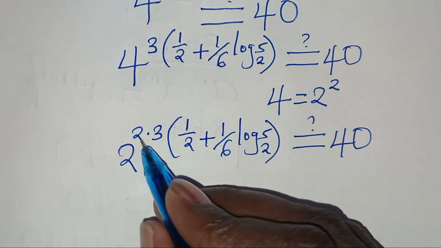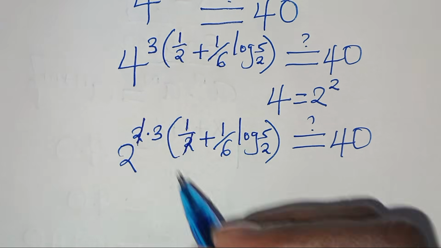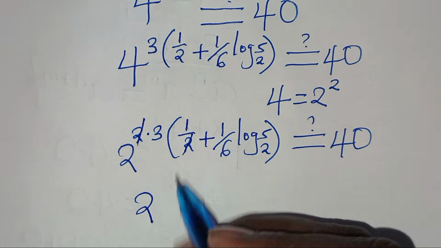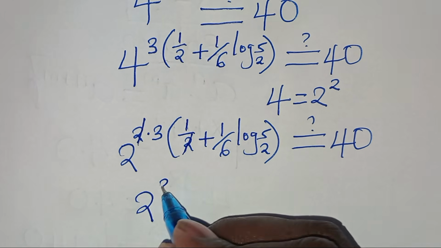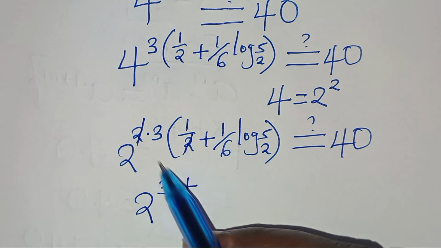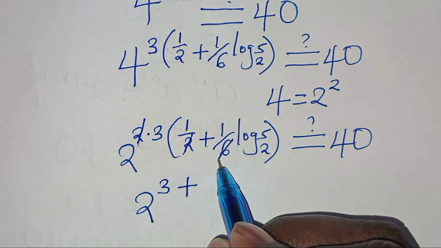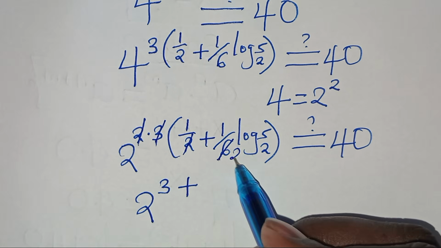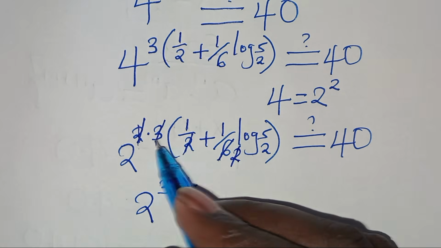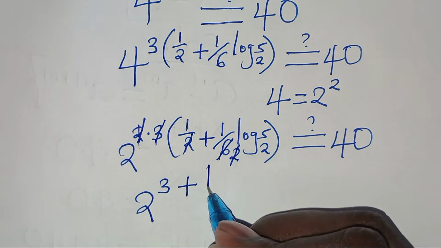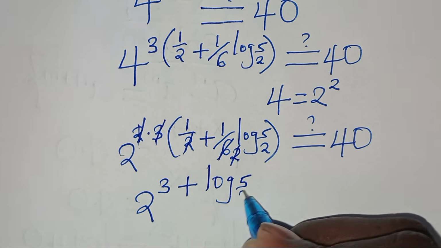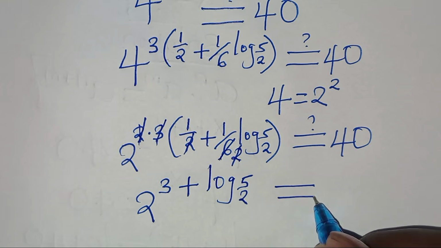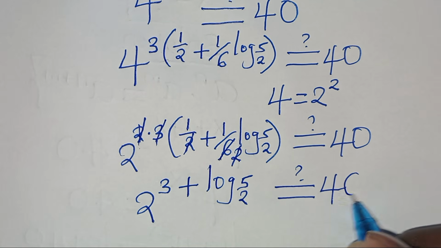Now let's simplify here. We have 2 and 2 here simplifies so that we have 2 to the power of 3, 3 times 1, this is 3. Then plus, now here we have 6 divided by 3, this is 2. Then 2 divided by 2, this is 1. So we have 1 times log 5 to base 2. And this should give us a value of 40.